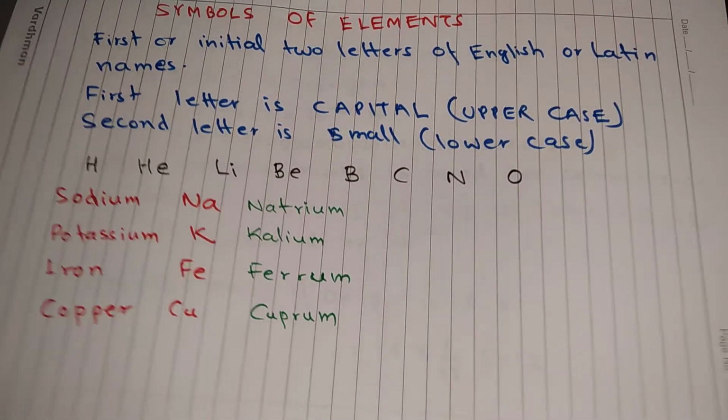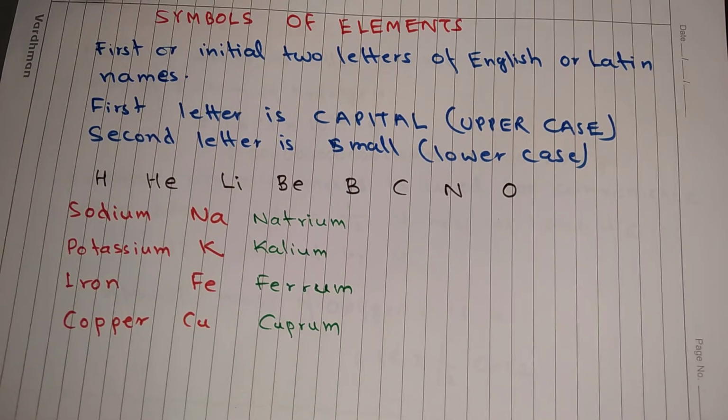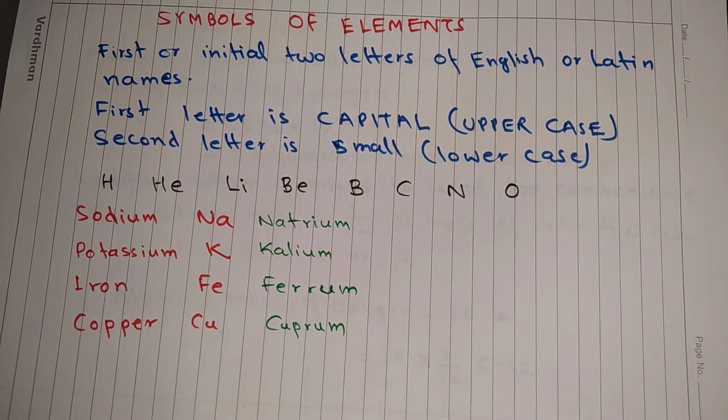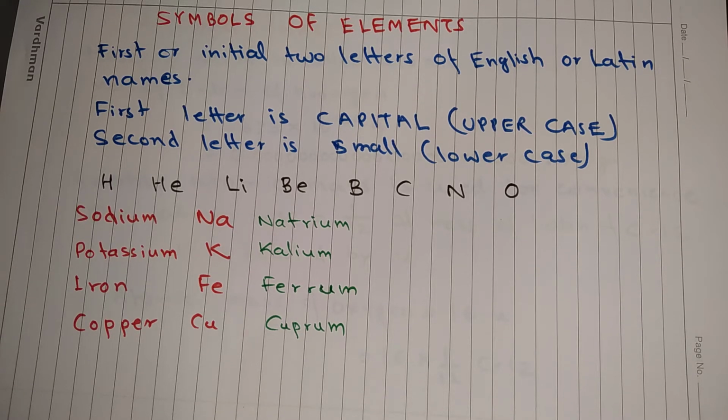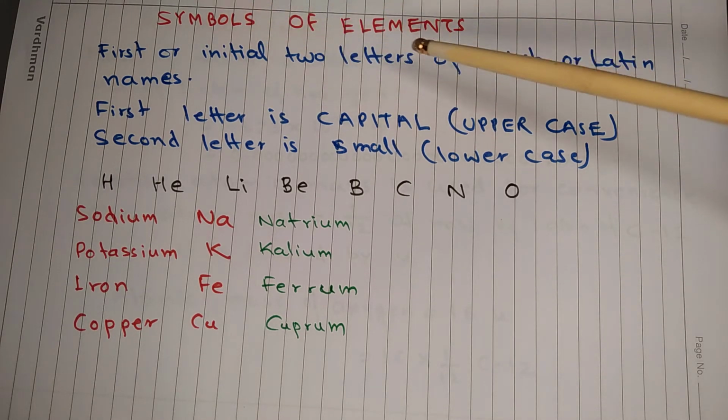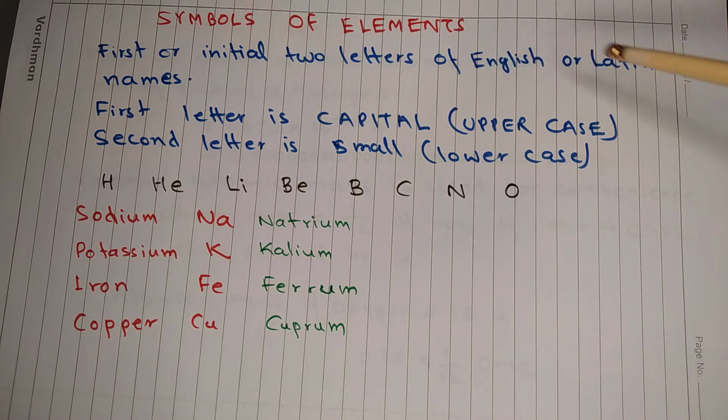Symbols of elements. To make it convenient, we use symbols to represent elements, because writing the names of elements can be tedious, and names can be different in different languages, while the symbols are standard. For writing the symbol, the first or initial two letters of the English or Latin name are used.